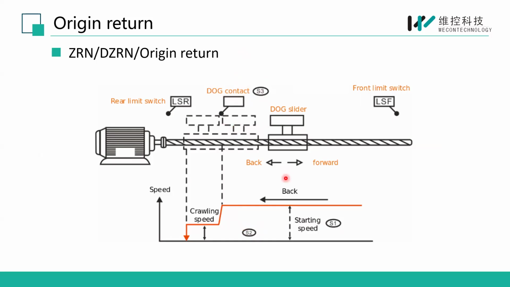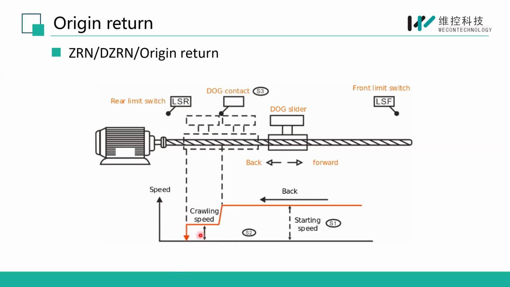This picture shows that when the origin return function is started, the motor runs according to the origin return speed, and when the dog signal is detected, the motor runs at the crawling speed until the dog signal disappears.